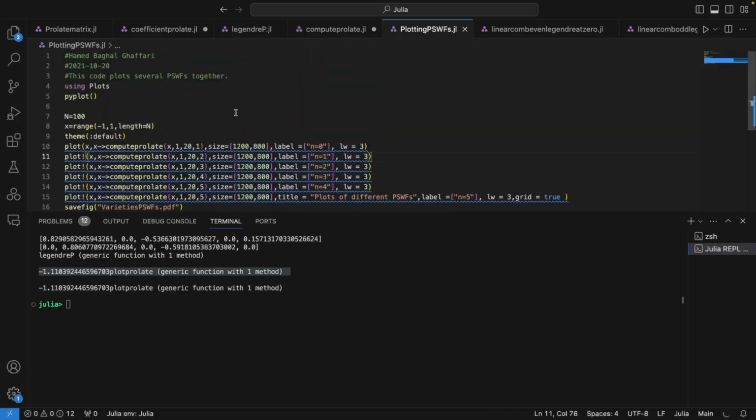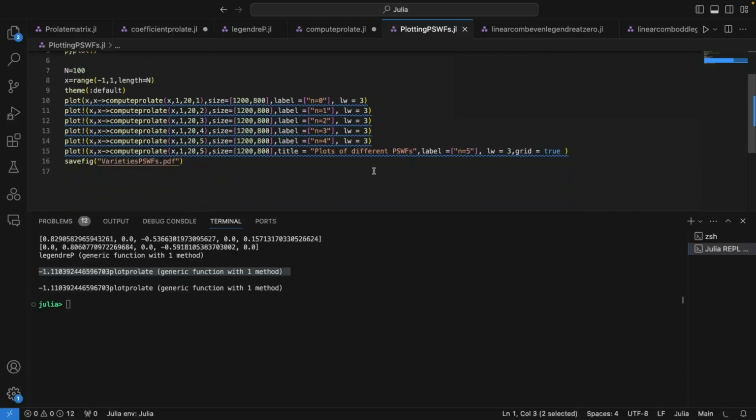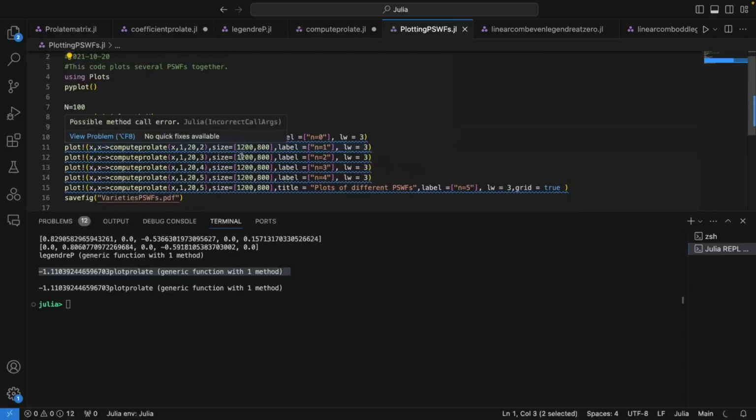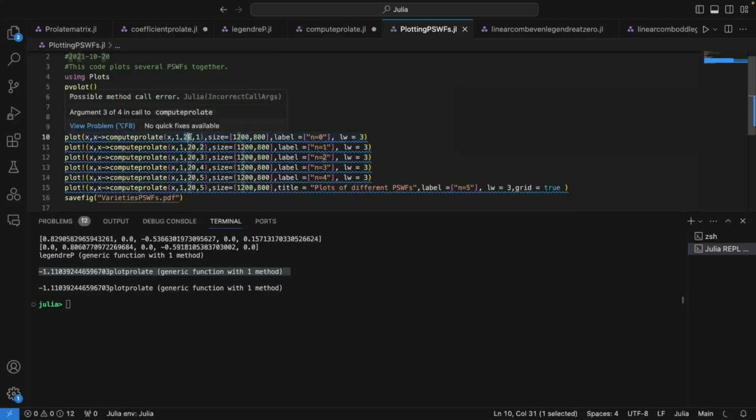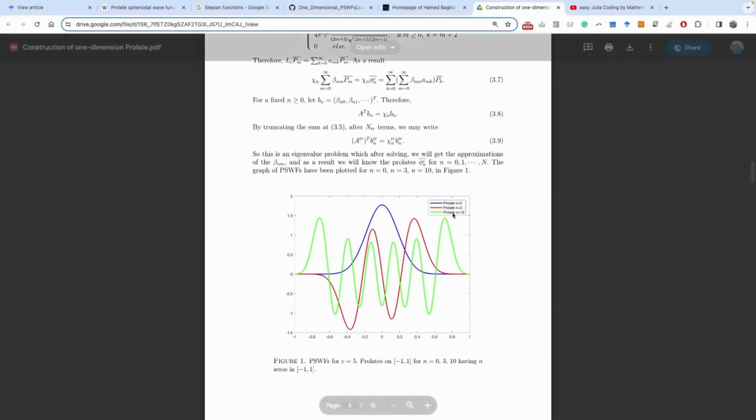Here we are going to plot several Prolate Spheroidal wave functions. We will choose a truncation of 20 summands.